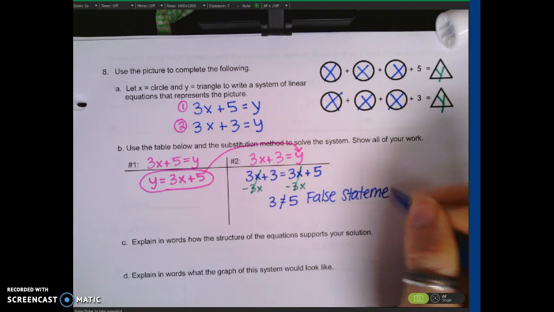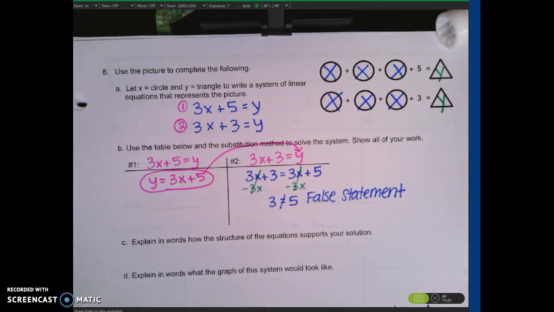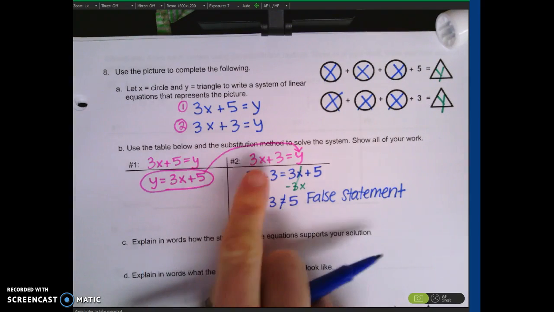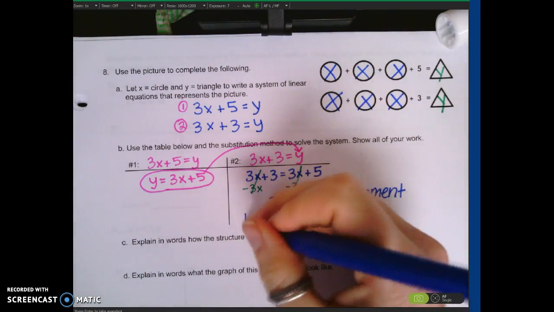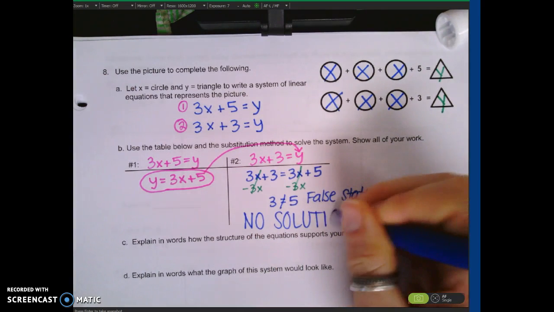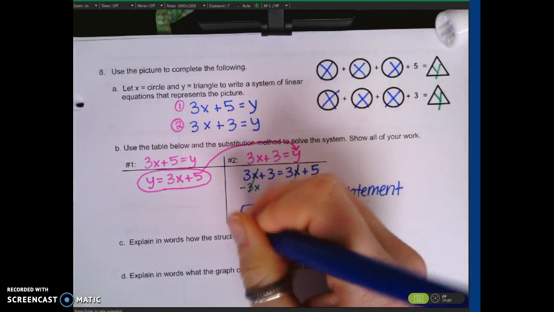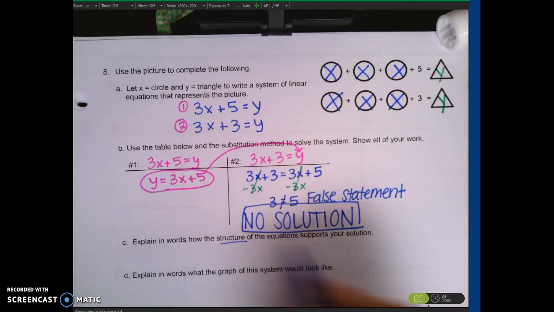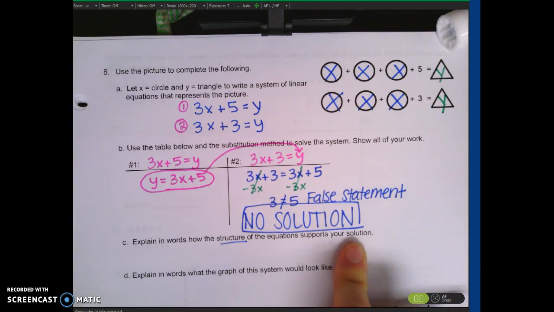So what does that mean about our system? That means there's no point that I can substitute in that will satisfy equation 1 and equation 2. So we can say there's no solution. Explain in words how the structure of the equation supports your solution.